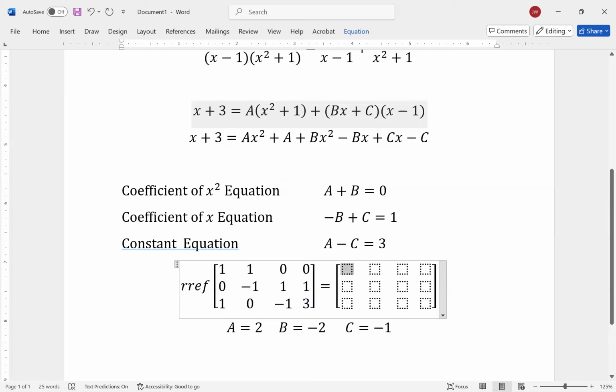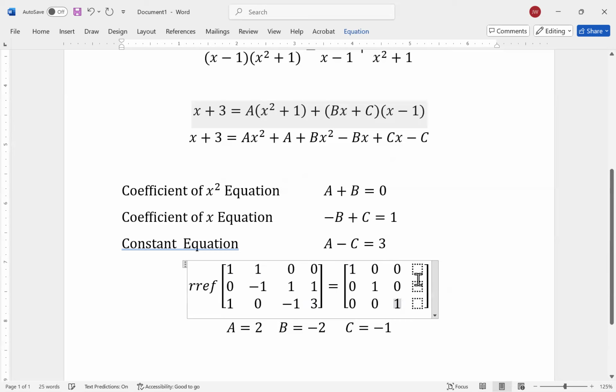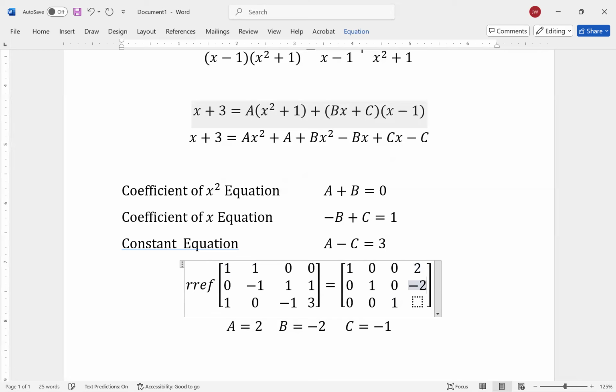Then you'll get the standard RREF. It takes longer to type in than anything. And the RREF would say A is equal to 2, B is equal to negative 2, C is equal to negative 1.